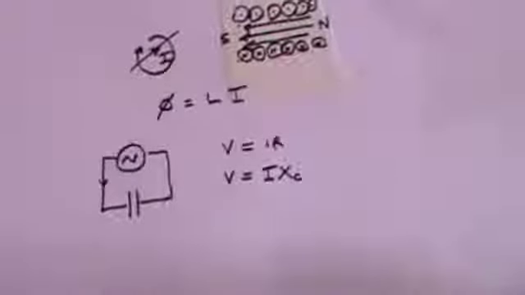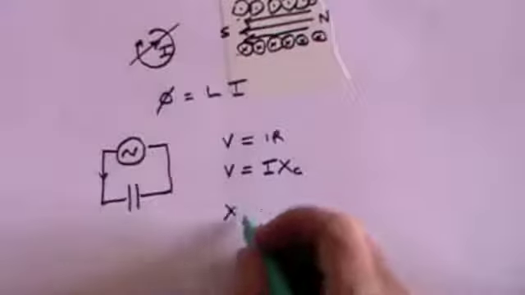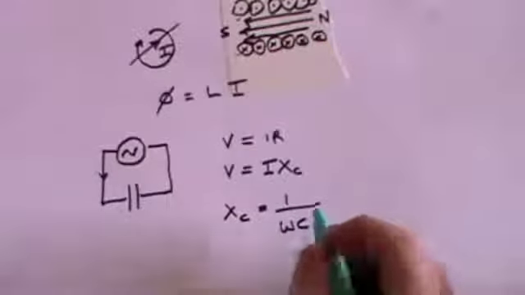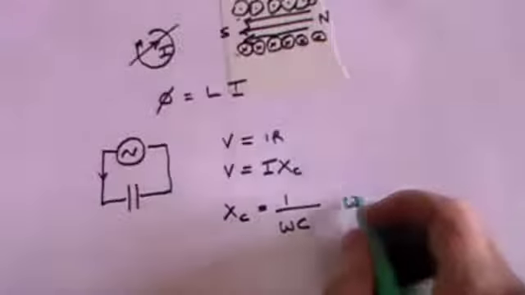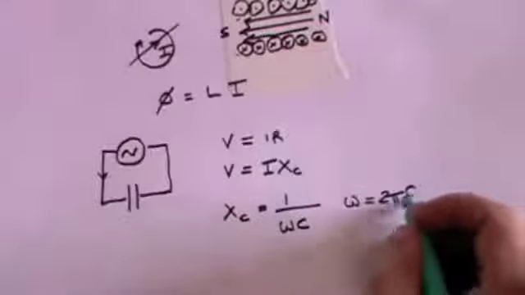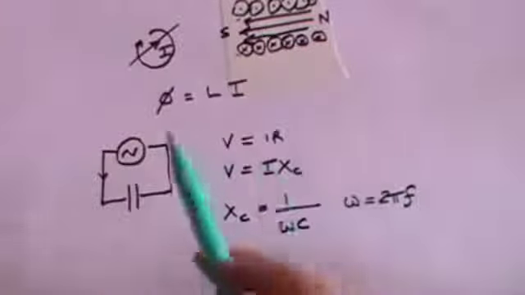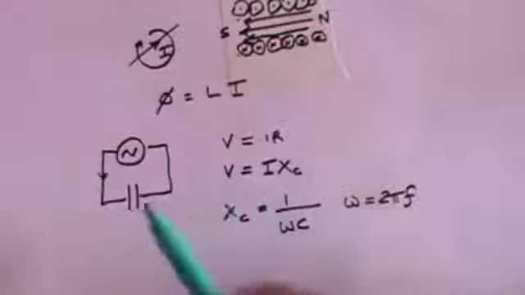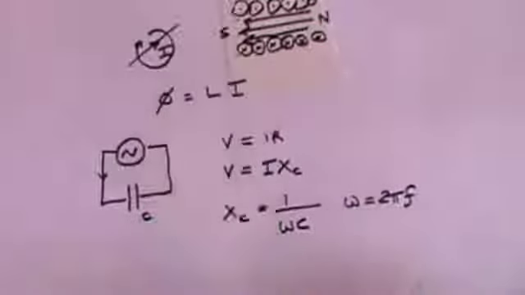And by experiment it is found that XC is equal to 1 divided by omega C, where omega equals 2 pi F. And F is the frequency of the alternating current, the number of cycles per second. And C is just the capacitance of the capacitor.